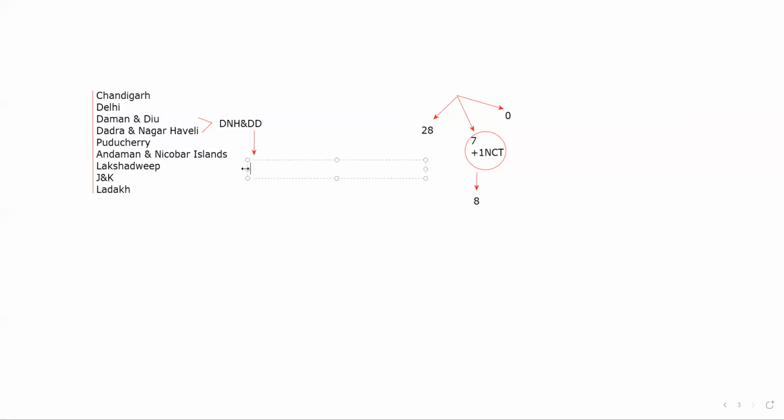What happened? The two union territories, Dadra and Nagar Haveli and Daman and Diu, were merged into one on 26th of January 2020.